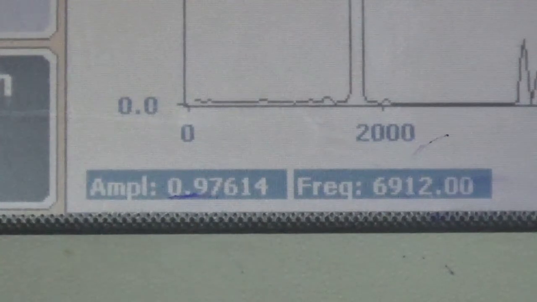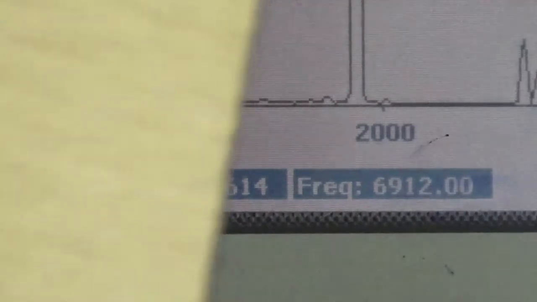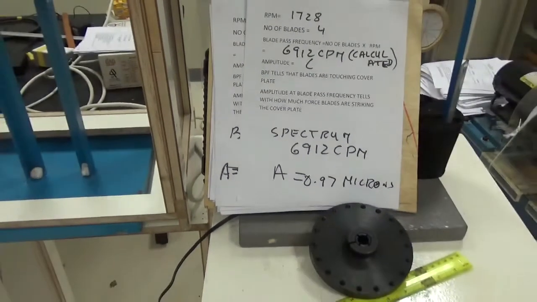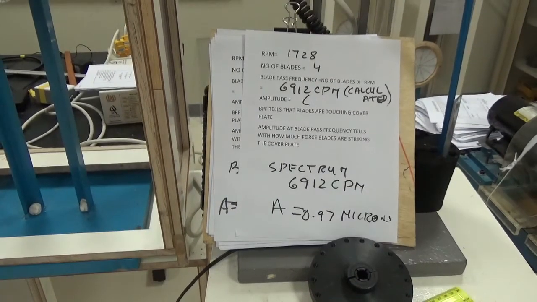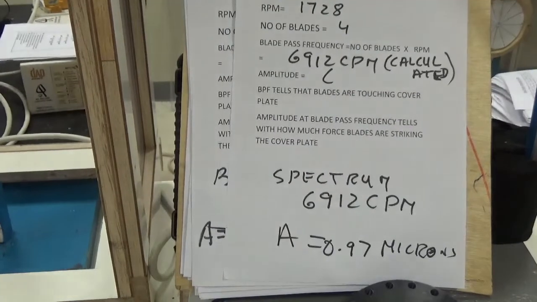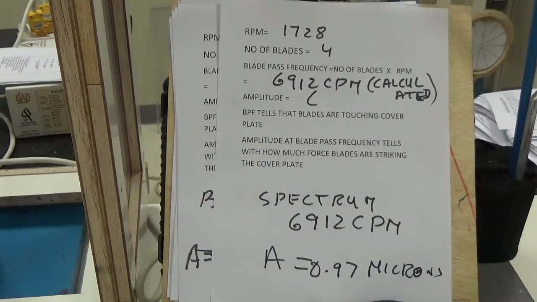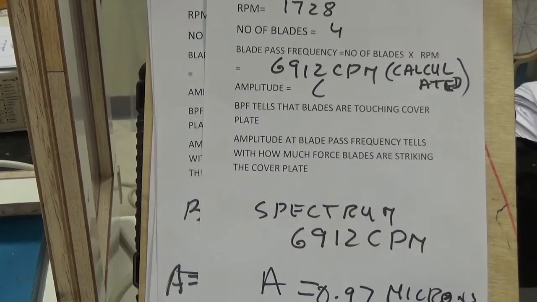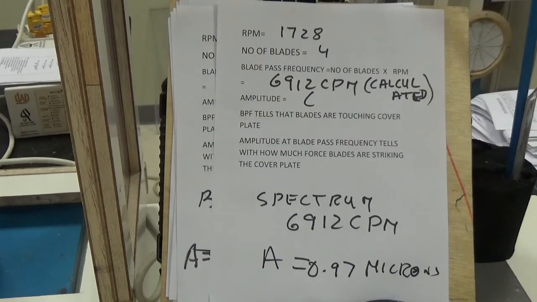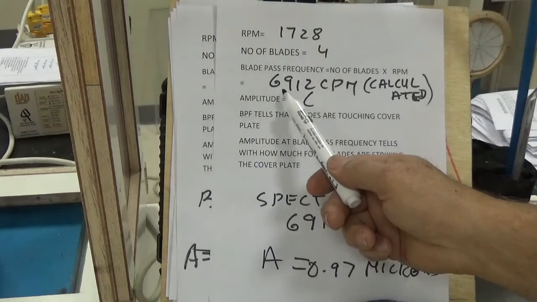And as per our calculation, this is the blade pass frequency which I calculated.